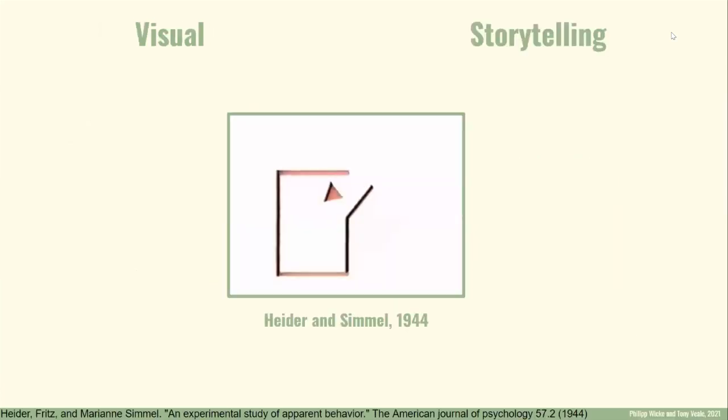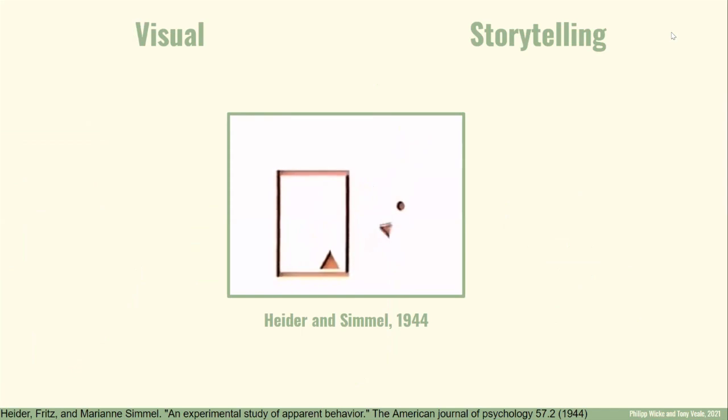For this, we looked at a different form of storytelling. Some of you might be familiar with the experimental studies by Heider and Simmel from 1944, in which they simply showed shapes moving on a screen in a certain schematic fashion. Observers were then asked to just describe what they see.